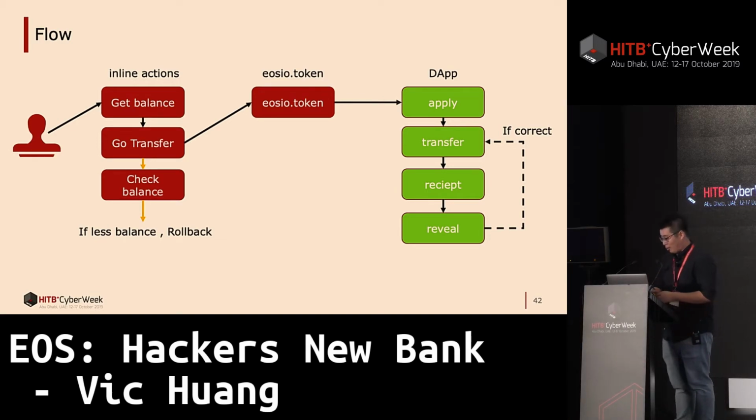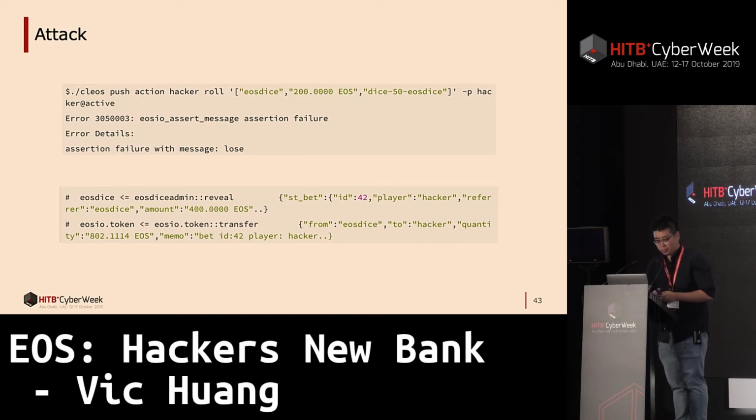So we can try it thousands of times if you have enough CPU or net, and it has no cost because the inline actions are rolled back. So you don't have to pay anything. So here's the attack.